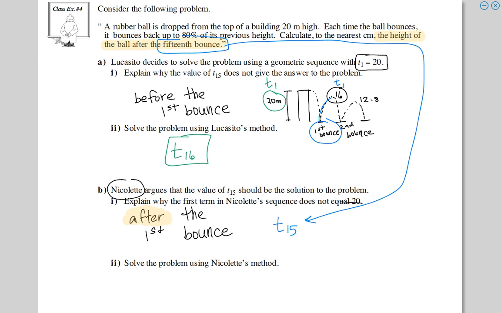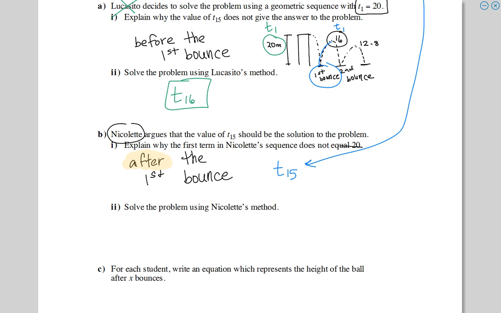The only thing that I can offer to you guys is be super clear about what's being expected, and how you are thinking in your head. Do you really understand which term you're going after? Okay? So I'm not going to go with Lucasito's method. I'm going to go with Nicolette.